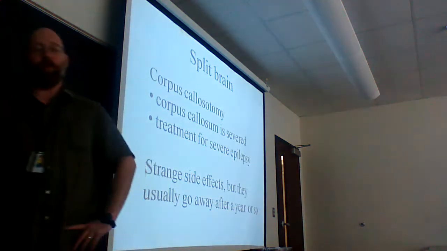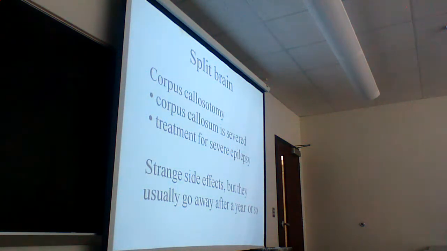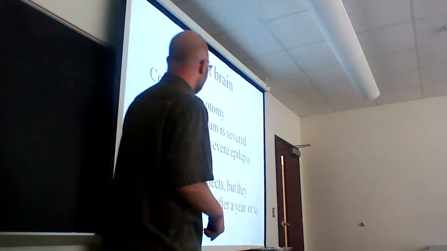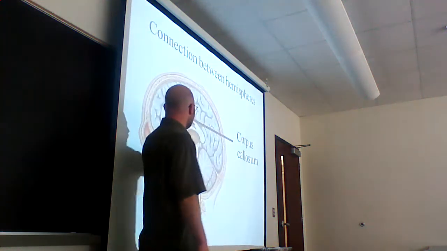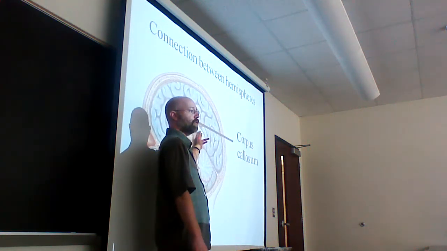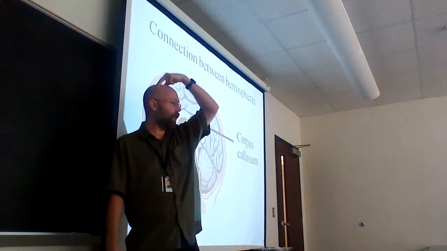In individuals who have severe epilepsy, right, that is recalcitrant to other forms of treatment, meaning other treatments are not helping, one of the things that they will consider doing is they will go in and they will slice through this corpus callosum and sever the major connection between one hemisphere and the other.